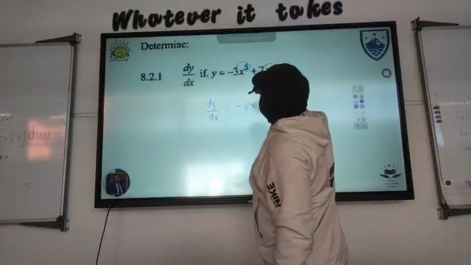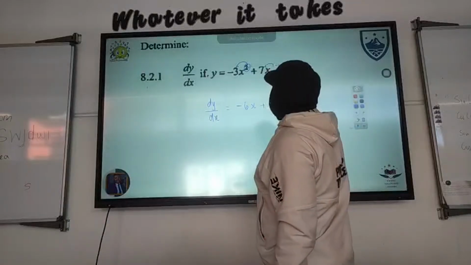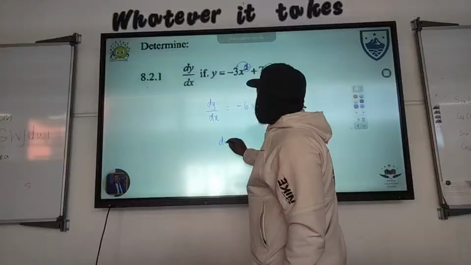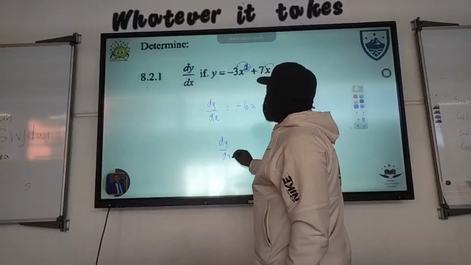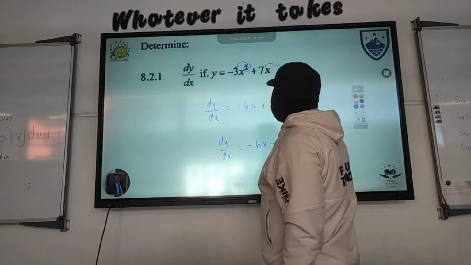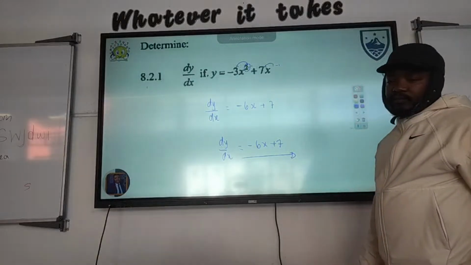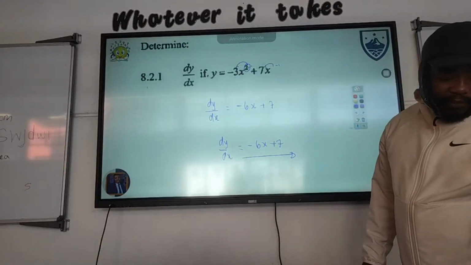We have 1 multiplied by 7, it will give us a 7, minus 1 is x to the power of 0, so dy dx will simply give us a -6x plus 7. Make sense? Capture.